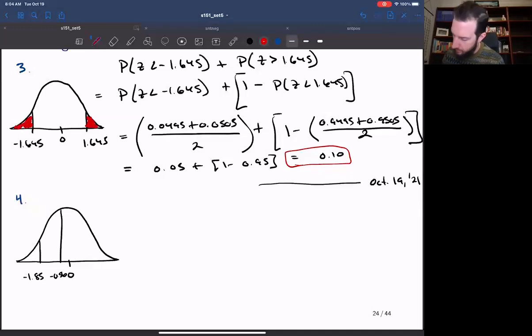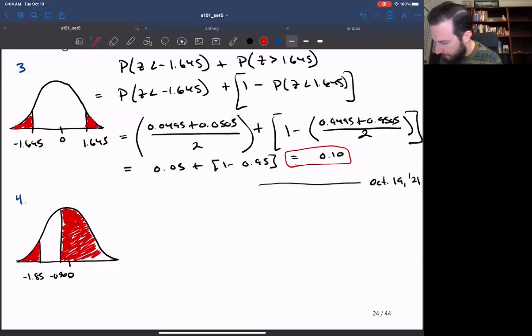All right. So we want the area below negative 1.85 and the area above negative 0.56.